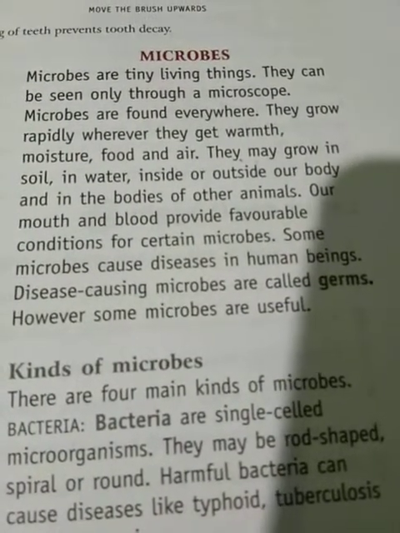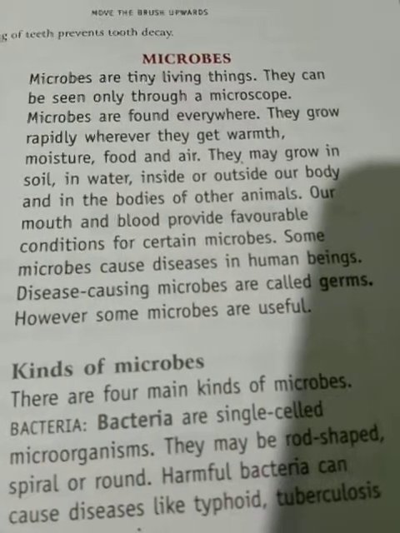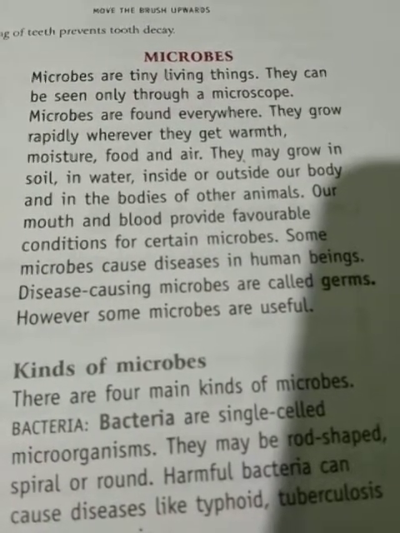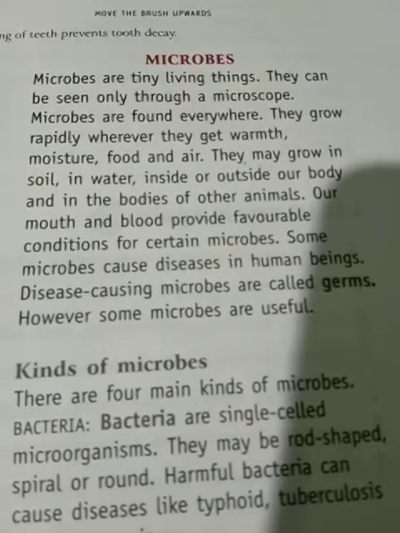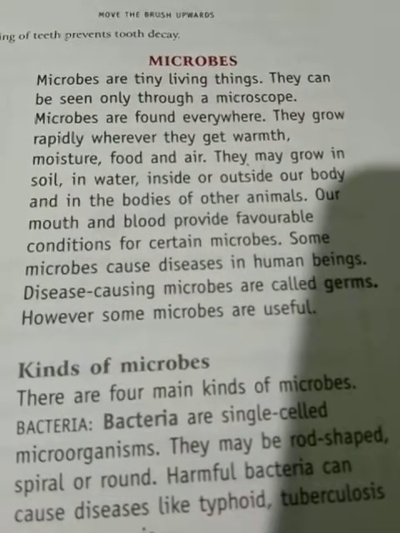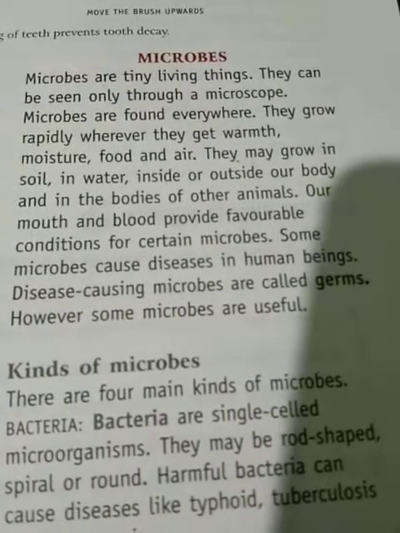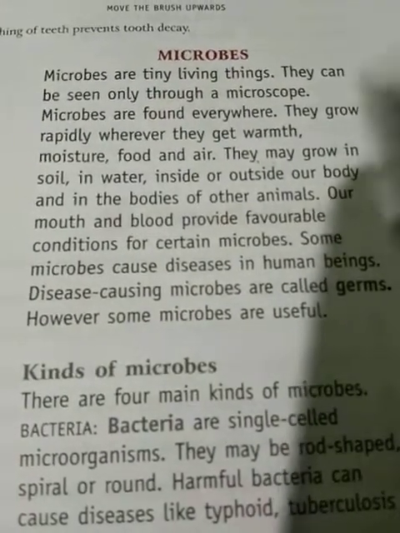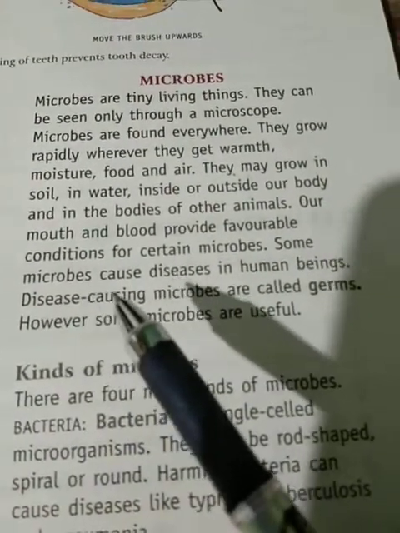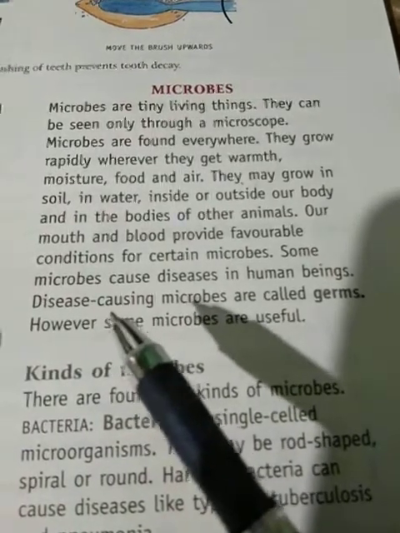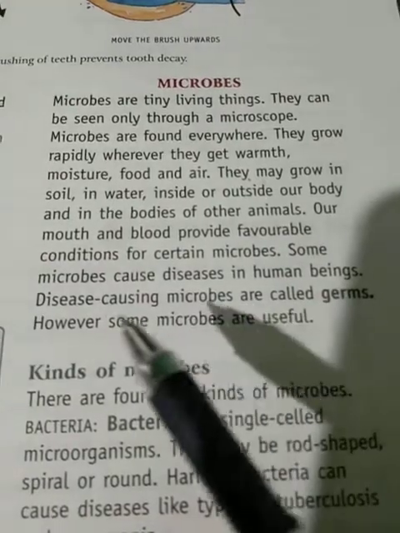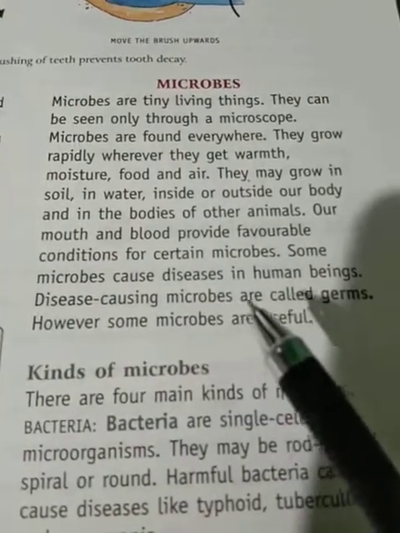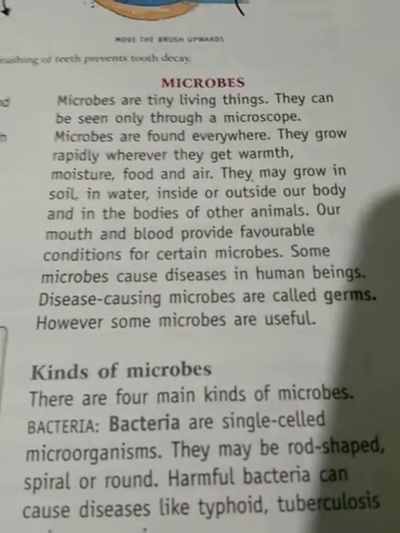How does it get converted? Due to some reaction by some microorganisms, milk gets converted into curd. So these are useful microbes, but some of them are not useful because they cause diseases inside our body. So these disease causing microbes are known as germs. Understood?